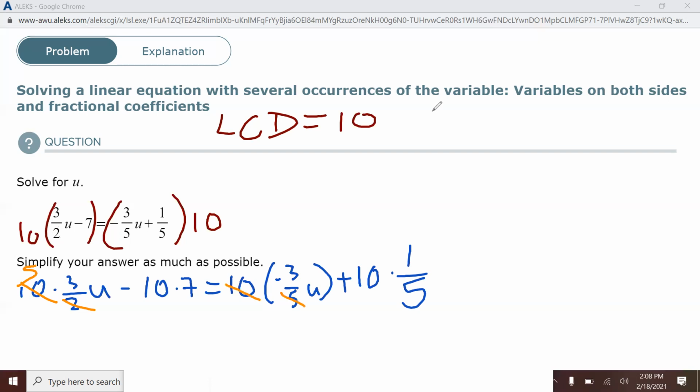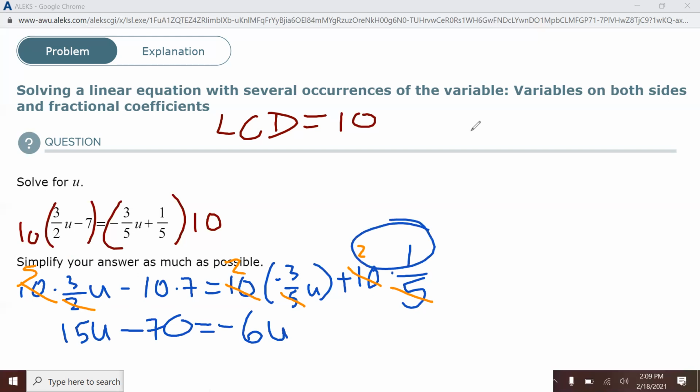The 5's cancel there. And the 5's cancel there. So now I can write 5 times 3u is 15u. 10 times 7 is 70. 2 times negative 3 times u is negative 6u. And 2 times 1 is 2.